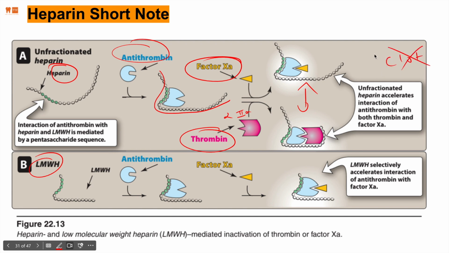Great. Low molecular weight heparin attaches to just factor 10A and not thrombin. So it selectively accelerates the interaction with antithrombin and factor 10A. So if anyone asks, heparin is 2 and 10. Low molecular weight heparin is just 10. Okay?